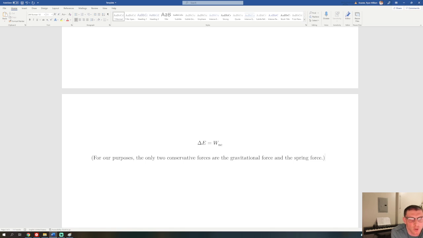But think about what friction and drag do. For instance, an object moving in one dimension, subject to a friction force or a drag force, or possibly both, is going to slow down. And so it's losing kinetic energy. So you should expect that the work done by friction or the work done by the drag force in any given situation will be negative.